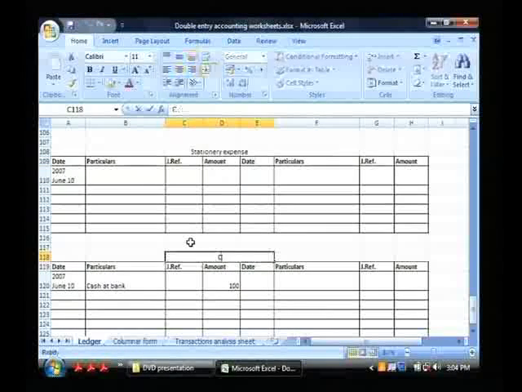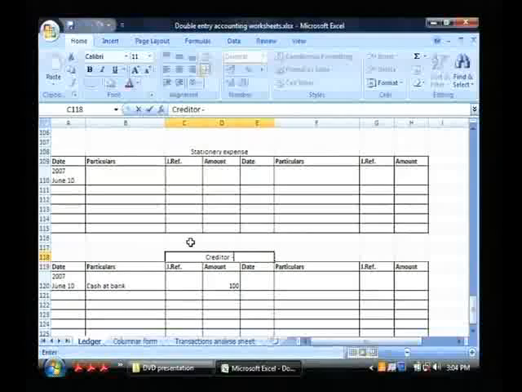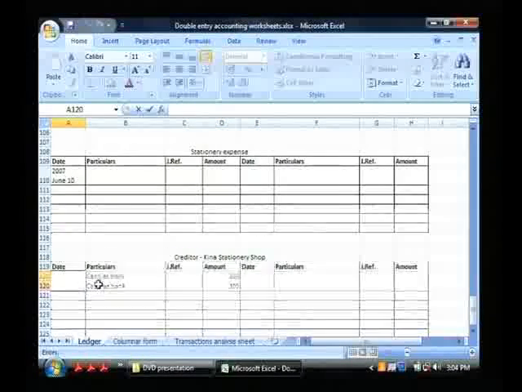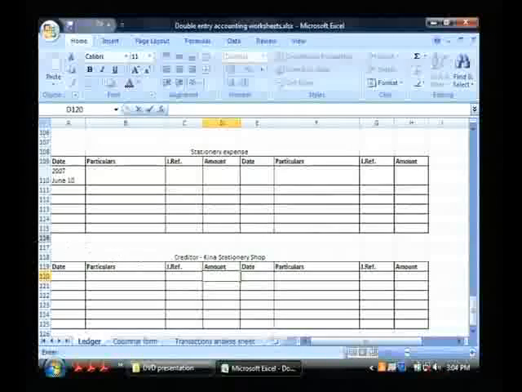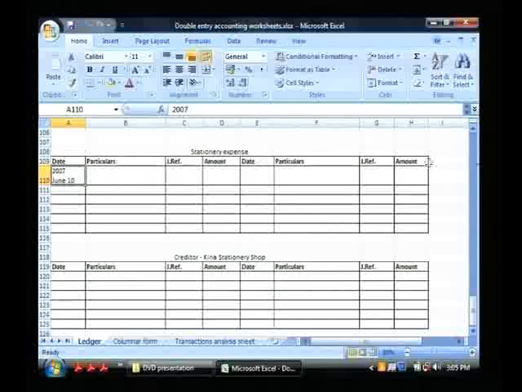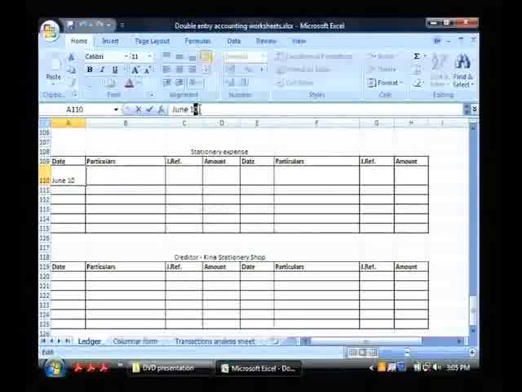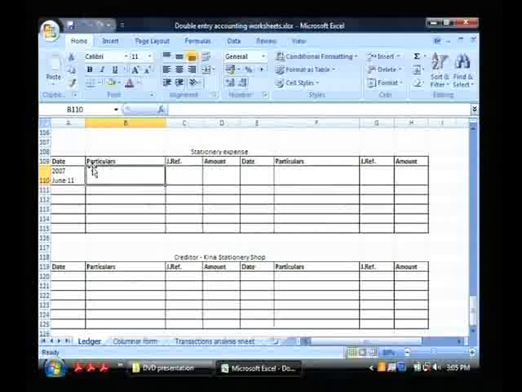And this is creditor. The name of the creditor is Kina Stationery Shop, right? And the double entries are stationery expense debit, date 11th, and stationery expense debit, credit, creditor.